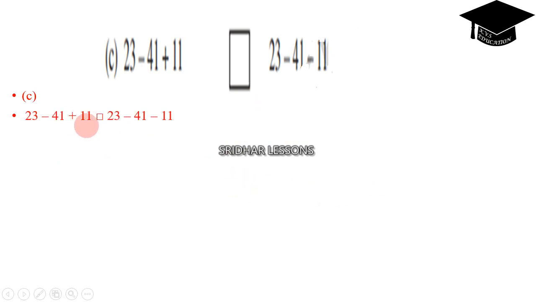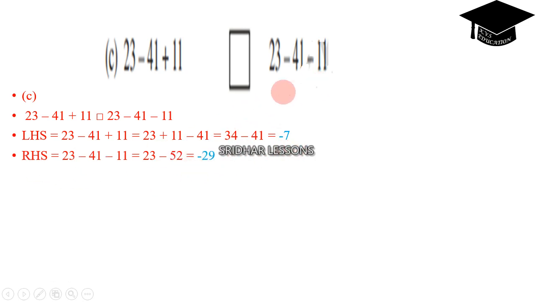Question C. 23 minus 11 plus 23 minus 11, 23 minus 41 plus 11, blank, 23 minus 41 minus 11. LHS is equal to 23 plus 11 minus 41, that means 34 minus 41, which is equal to minus 7.